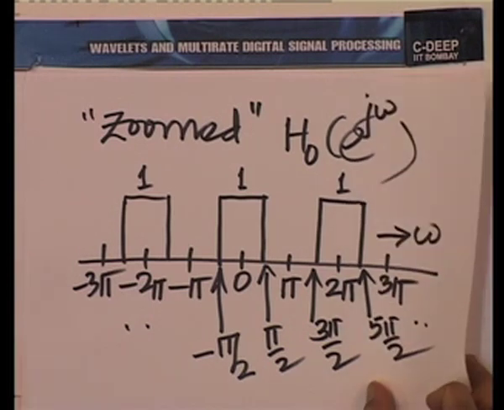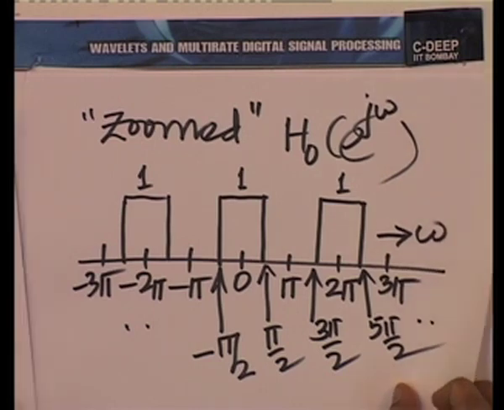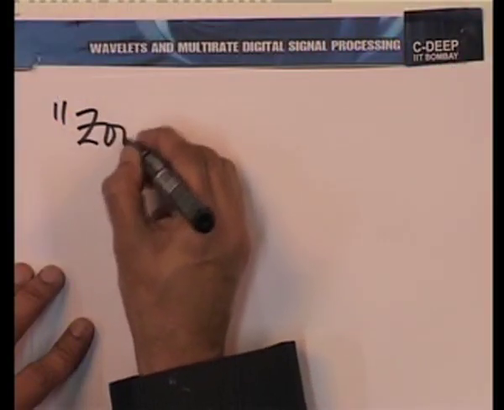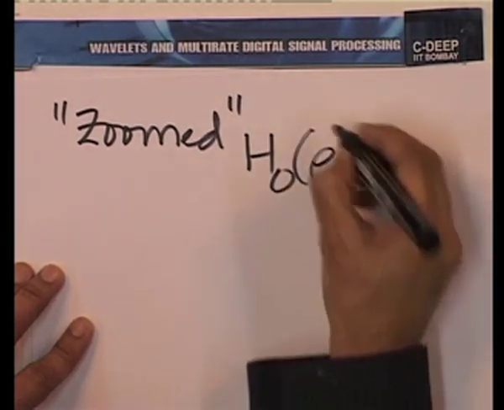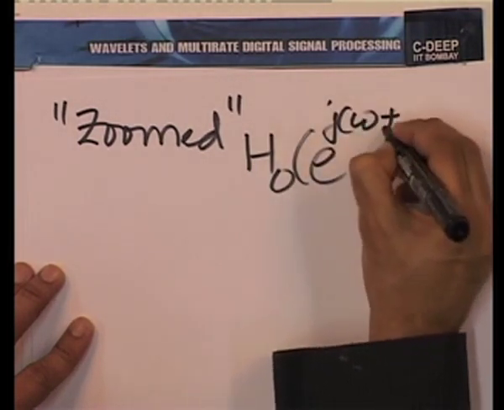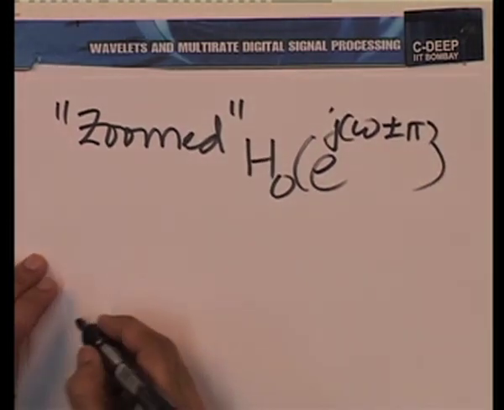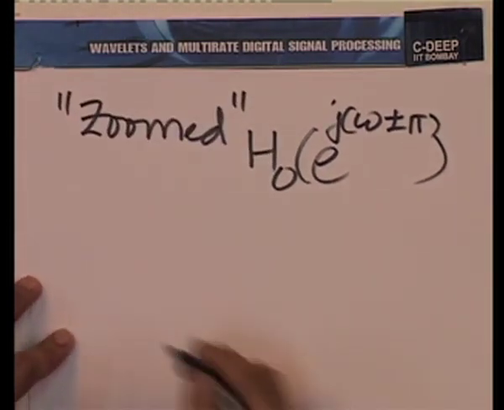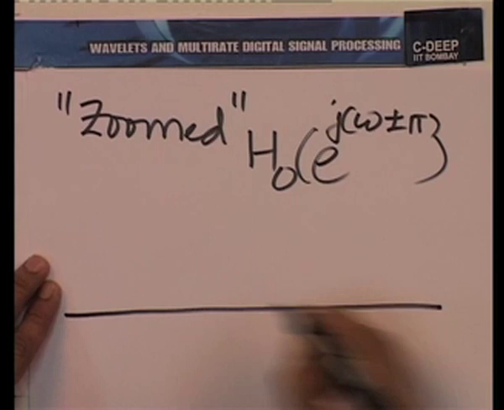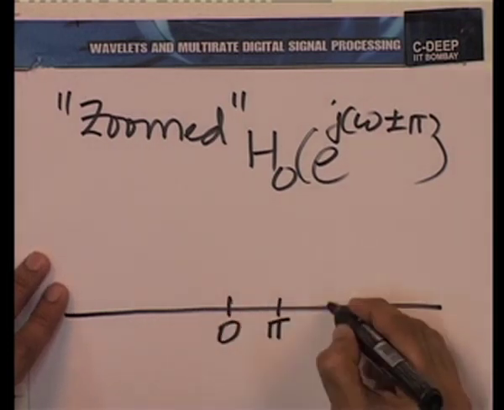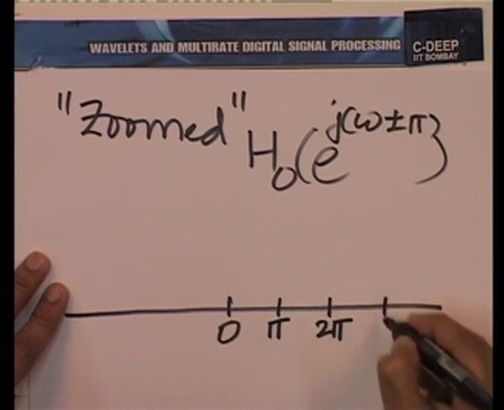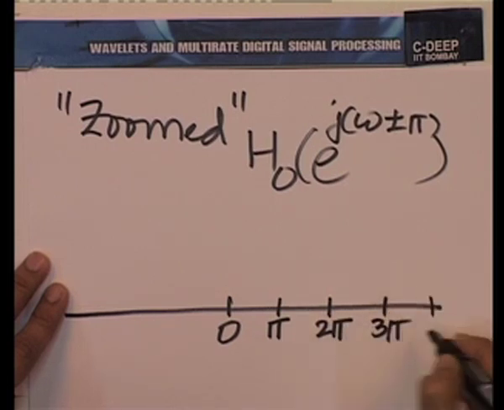So, the zoomed H0(e^{j(omega plus or minus pi)}) would look like this. It would have an appearance like this, and so on here.